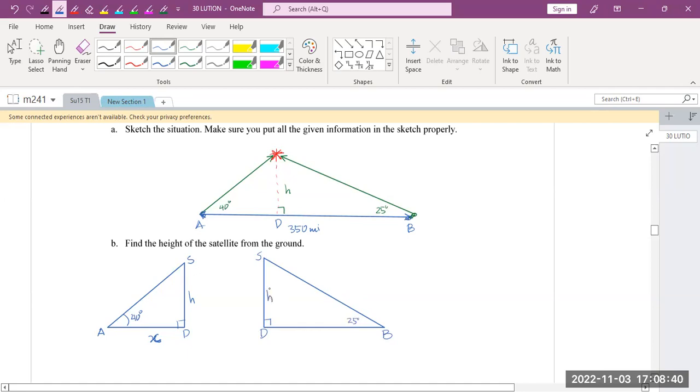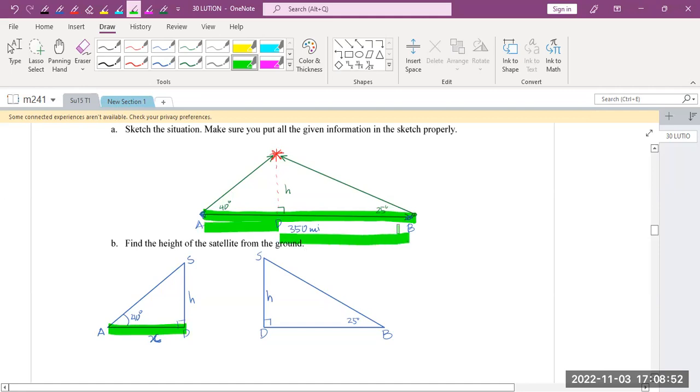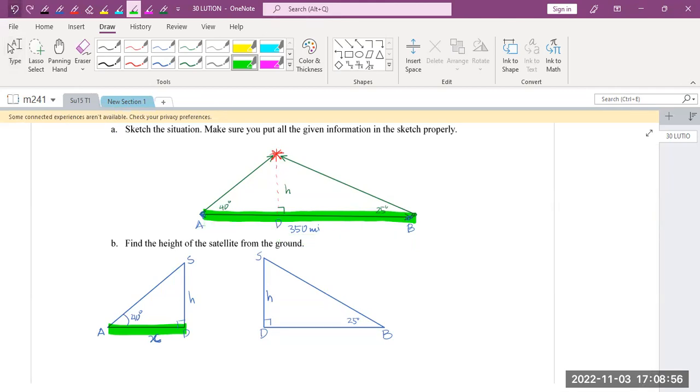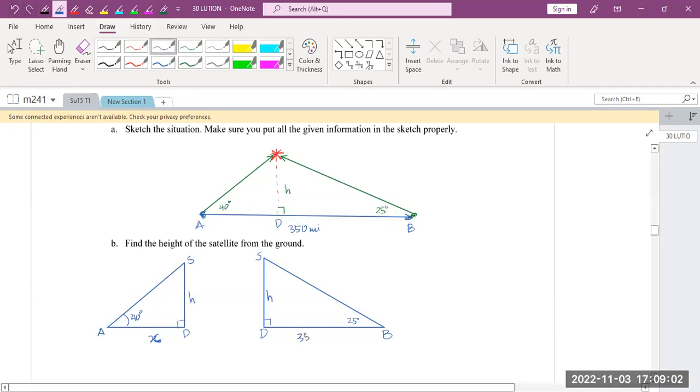This is the height. Now, we know that the total length here is 350. So if part of that is X, then the other part must be 350 minus X, right? Because they need to add up to 350.